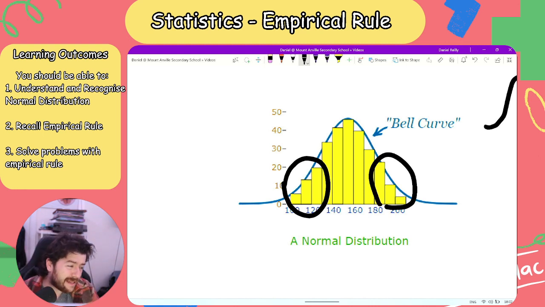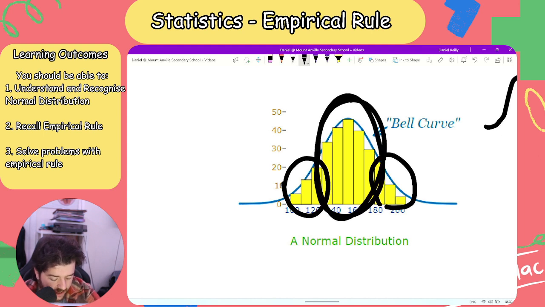There'd be few people who are really tall and few people who are really small, but that's not the norm. A lot of my data is within the average of my data. A lot of my data does tend towards the middle.